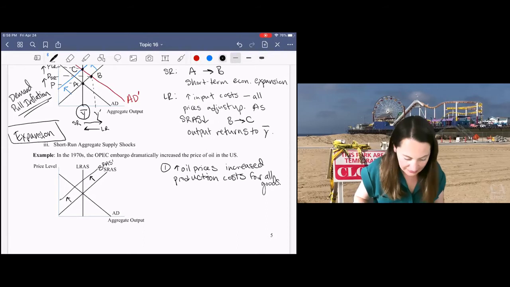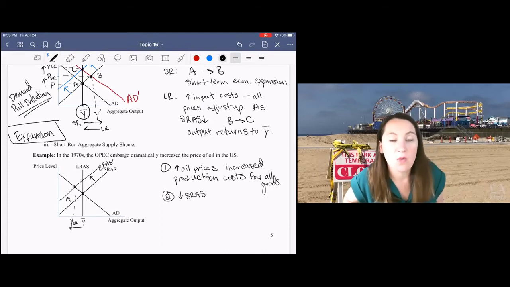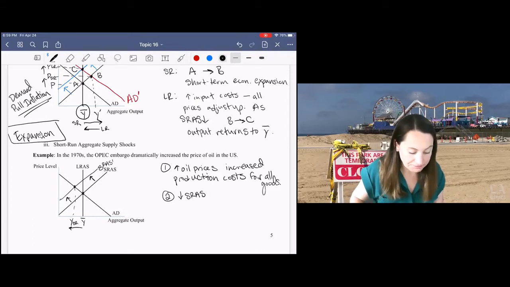and that leads to a recession, right? A short-term deviation in output away from its long-run potential. And that means recession, right?